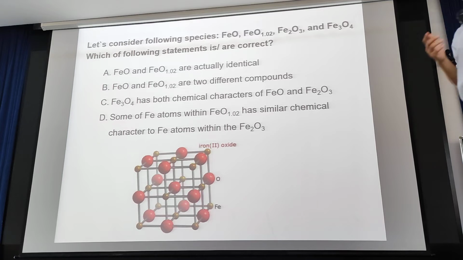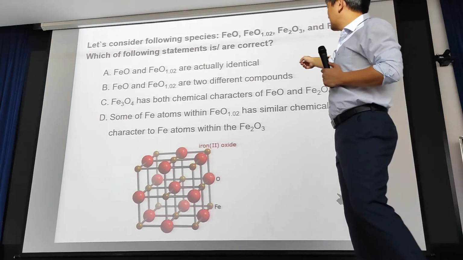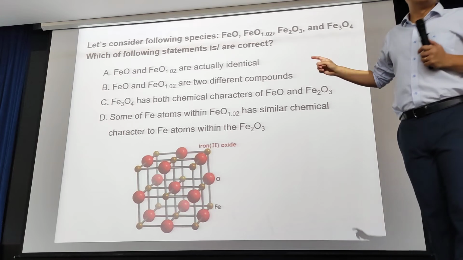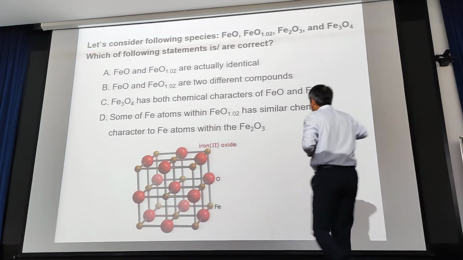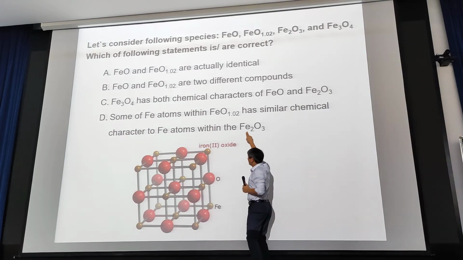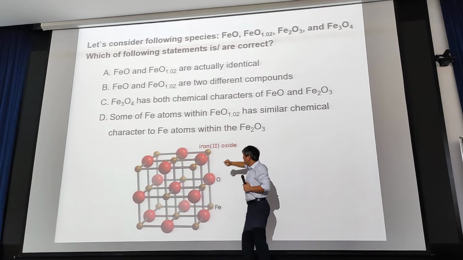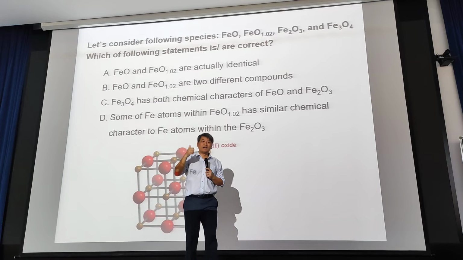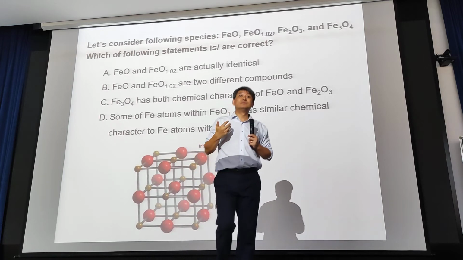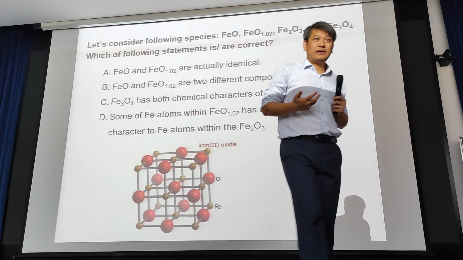So to answer yes or no, what could be the oxidation state of iron in Fe2O3? 3, right? So the iron here should be iron 3, right? And normally the iron in this compound, FeO, will be iron 2, right?